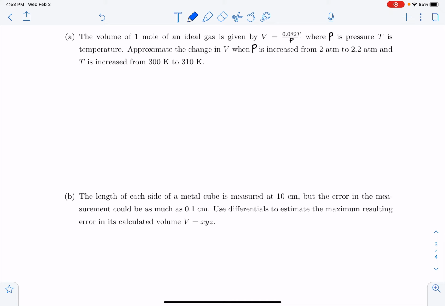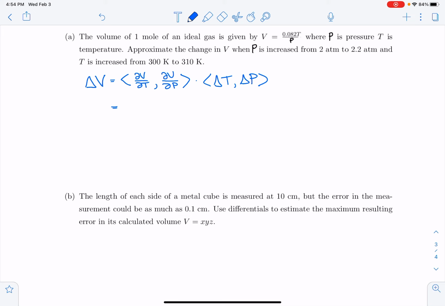So the differential, the change in volume, is going to be dV dT, dV dP, that gradient, dotted with delta T, the change in temperature, and delta P. So if we change a little bit of temperature and a little bit of pressure, how's that going to affect the volume? We're not going to say what the new volume is when we change that temperature and pressure.